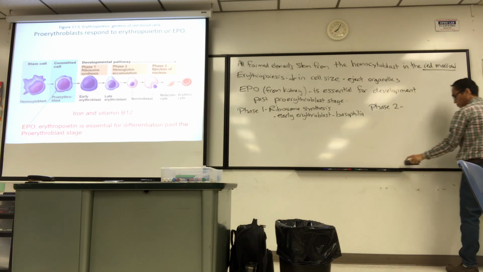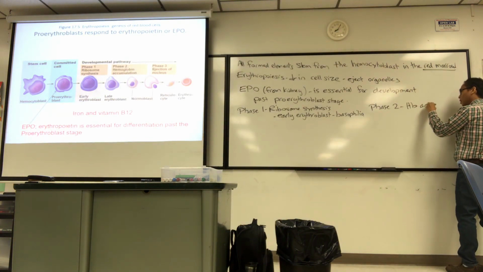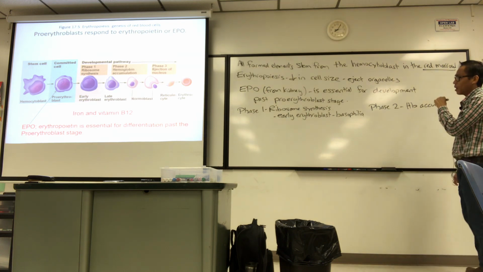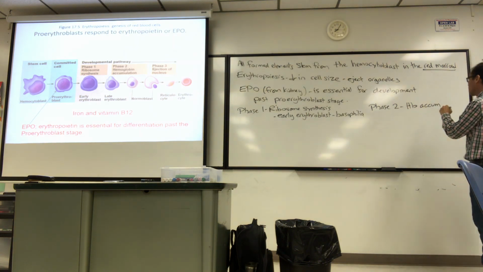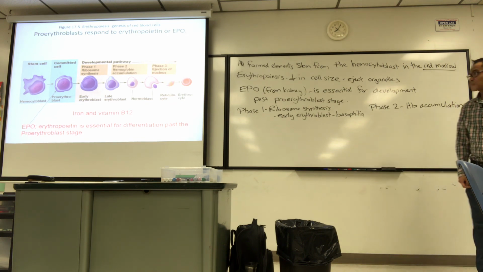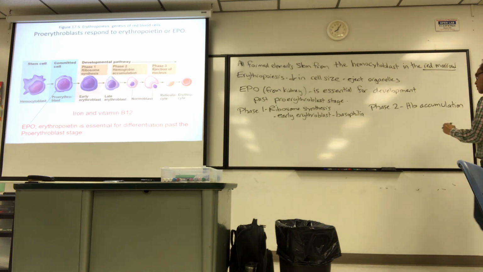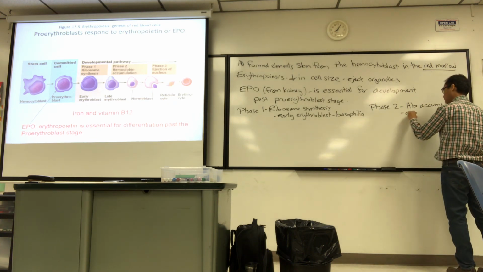So I simply abbreviate hemoglobin HB, so I'll just call it HB accumulation. When you start to accumulate hemoglobin, the cells start to take up a red stain. That's called eosinophilia.